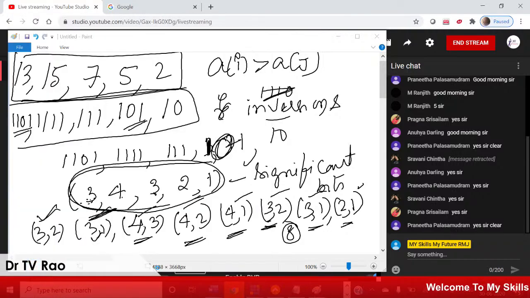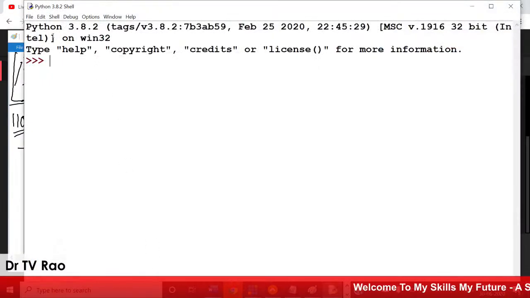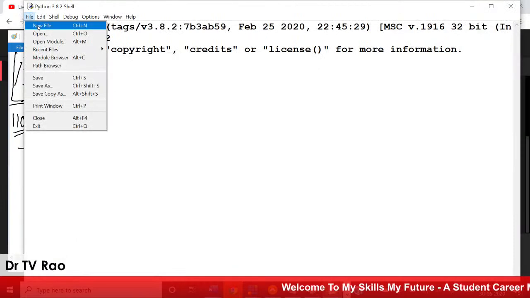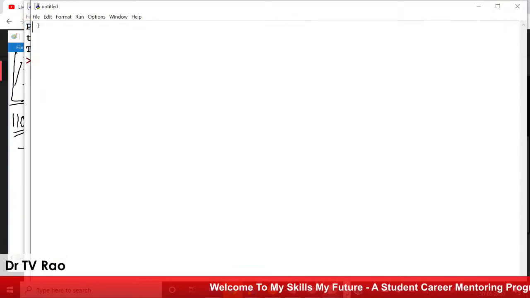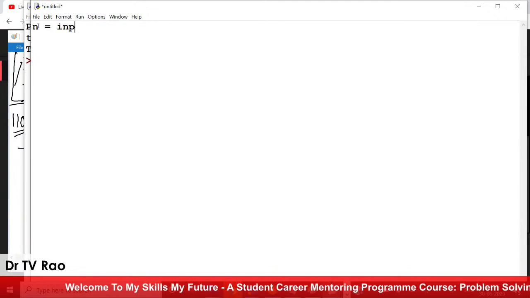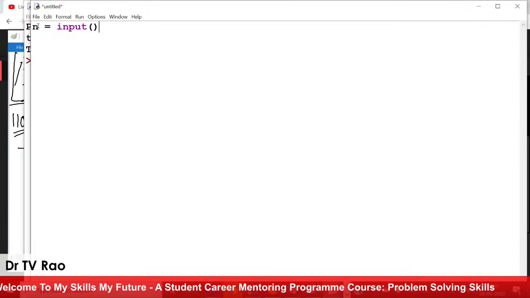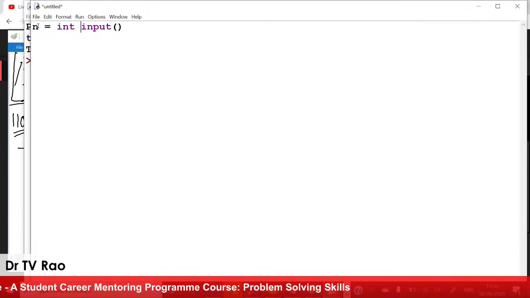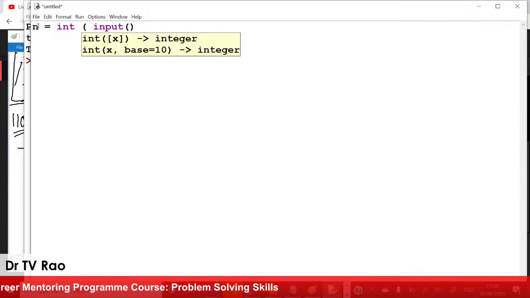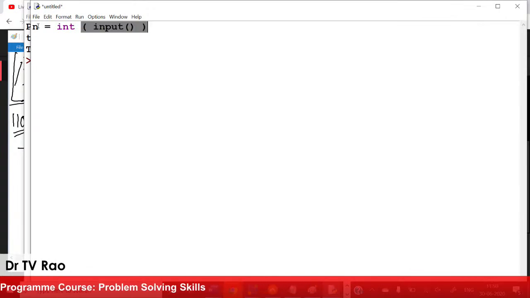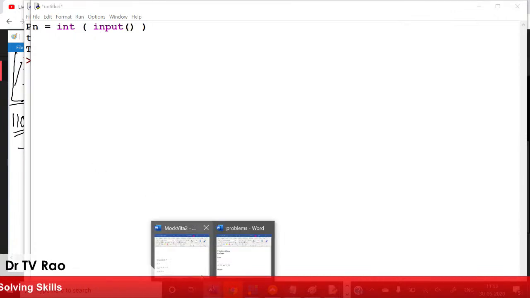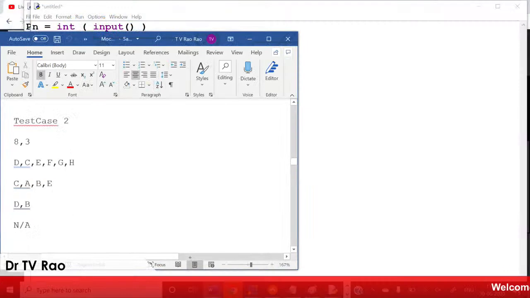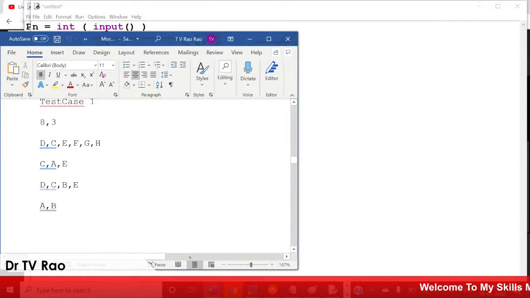Okay, let us solve it, with the minimum number of statements possible. Now read the number of numbers, the first input. How many numbers are there?